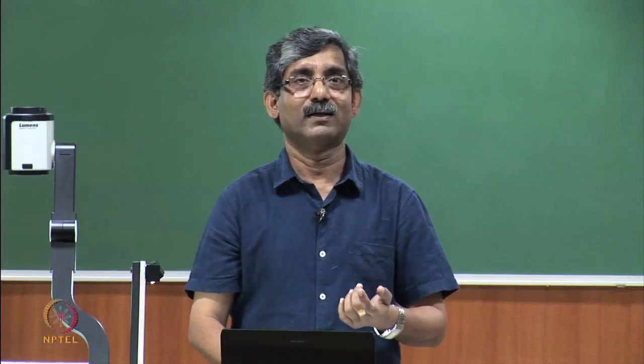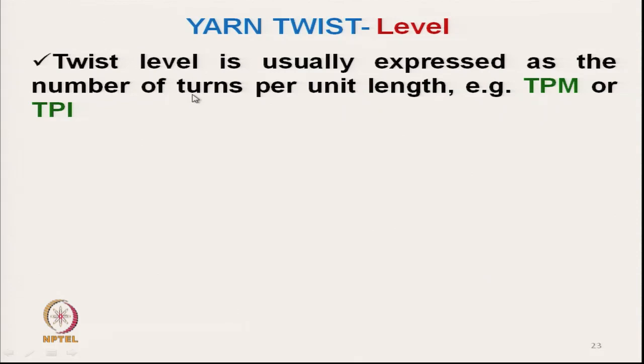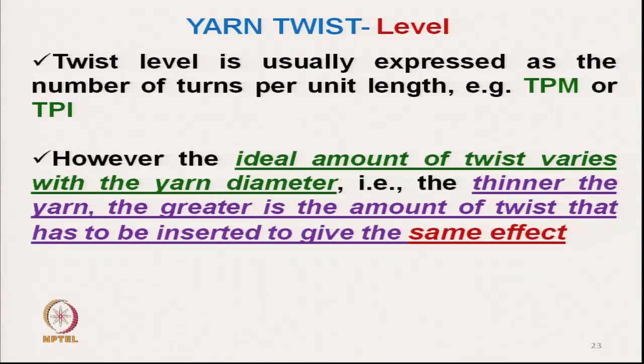It is usually expressed as the number of turns per unit length, that is twist per meter, twist per inch or twist per centimeter. But it is not the end of the story. Expressing twist per meter is not telling everything. There is something else.